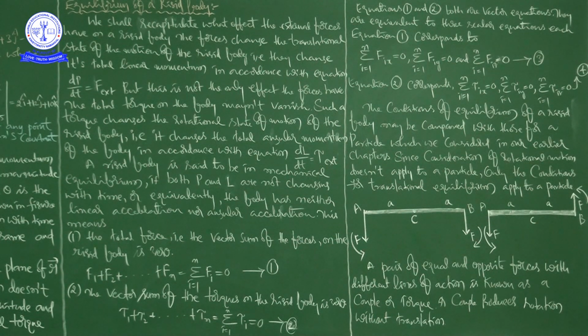Now you have to see this picture. Previously this one and this one have a lot of similarities, but there is also a major difference. You see the position where the forces are acting.